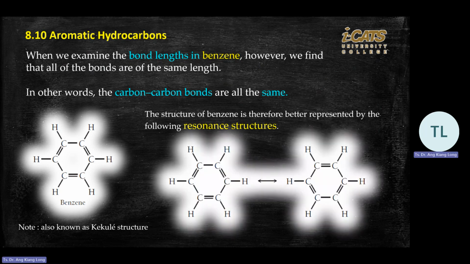We have covered what is resonance structure. So what is the difference between the left structure and right structure is the location of the double bond and single bond, as you can see here. The switch location of the double bond and single bond.